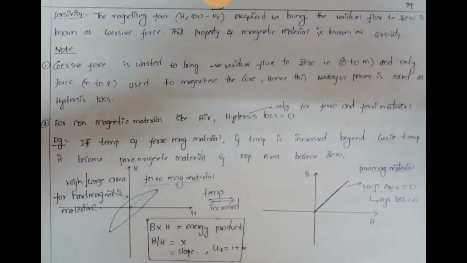Now see, I have told you that all paramagnetic material, if you increase the temperature, will become diamagnetic material. Similarly, all ferromagnetic material, if you increase the temperature, becomes paramagnetic material. Not dia, it becomes paramagnetic material. That is, for paramagnetic material, if you increase the temperature, the curve becomes linear. I have told you, only hysteresis losses are present in ferro and ferri materials.